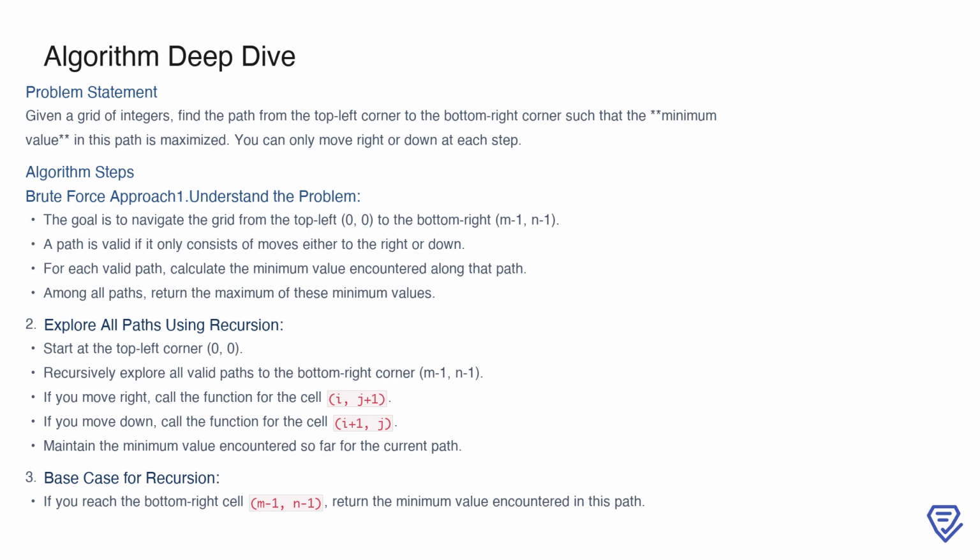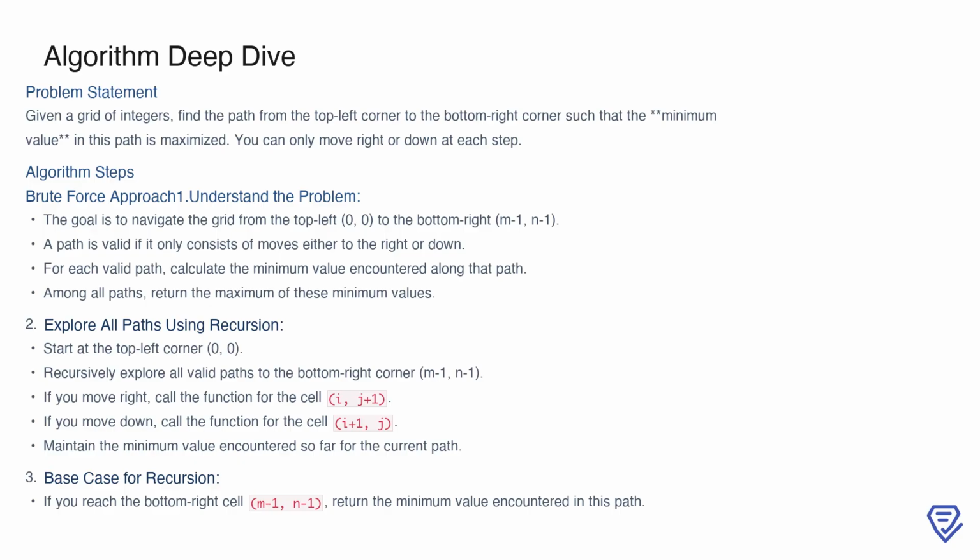One way to solve this is by exploring all potential paths, which we can do using recursion. Starting at the top left corner, we recursively move right or down, keeping track of the smallest value encountered along the way. If we reach the bottom right corner, we return that path's minimum value. This approach ensures we calculate the smallest value for every possible path.